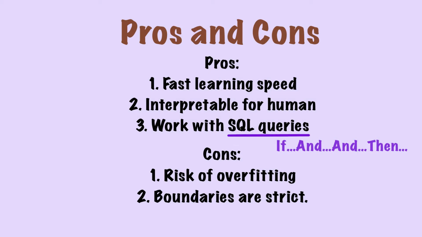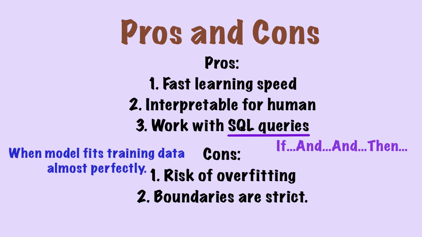On the other hand, decision tree also has some serious problems. It suffers from the risk of overfitting, and the boundaries between answers are strict. To illustrate, overfitting means the model fits the training data almost perfectly, like it has 95% accuracy on training data.